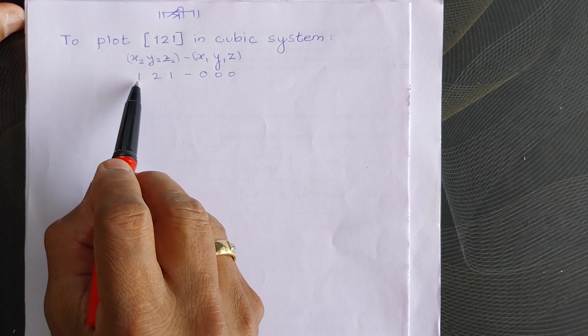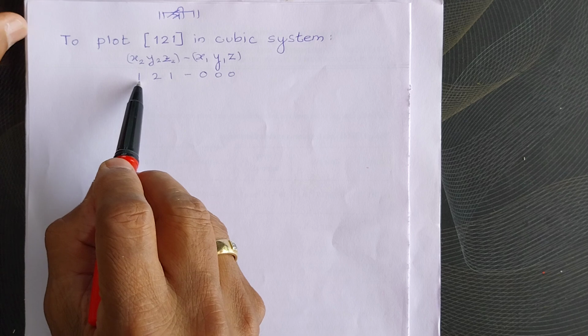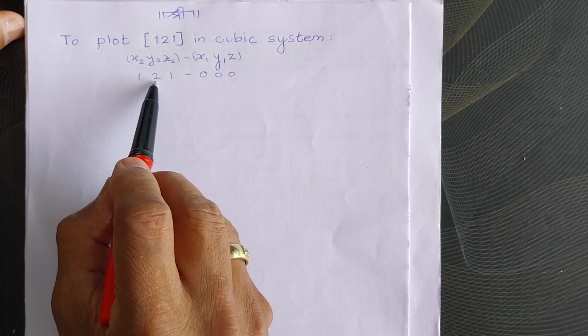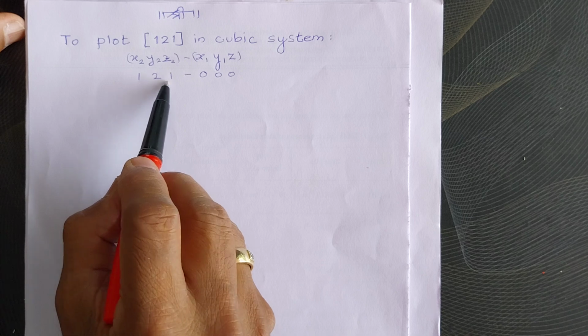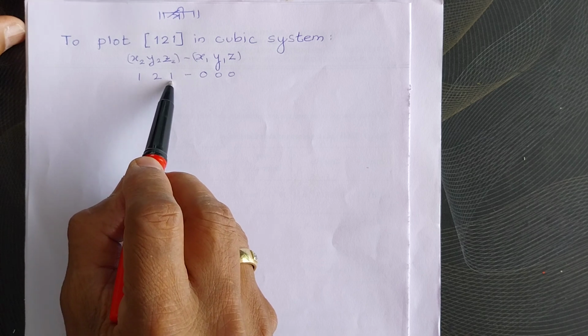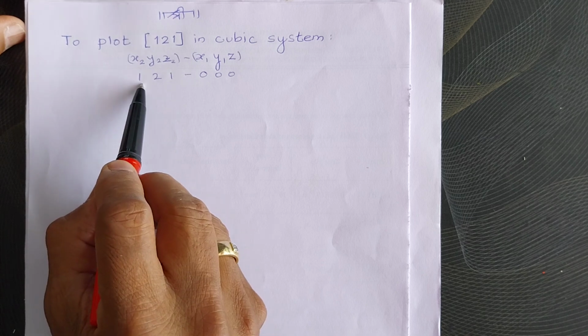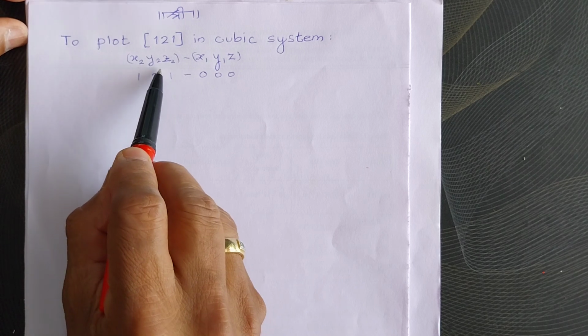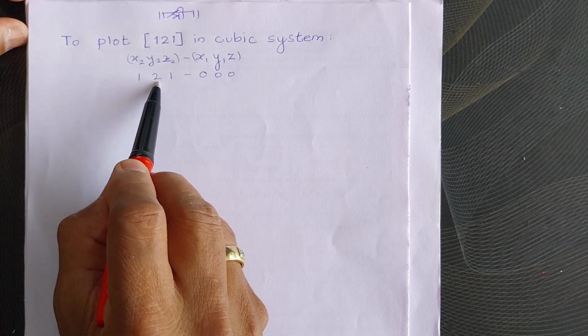The x coordinate, if it is 1, the y coordinate is at twice the distance of the x coordinate, and the z coordinate is at the same distance as the x coordinate. Now when we talk about twice the distance, we will have to draw a second unit cell in order to mark this position.